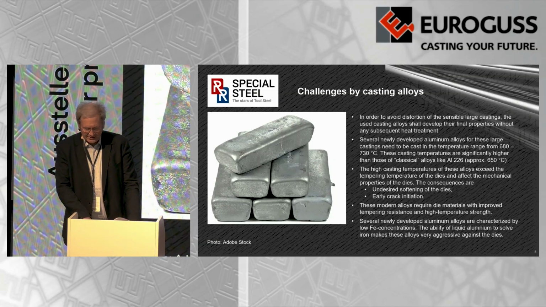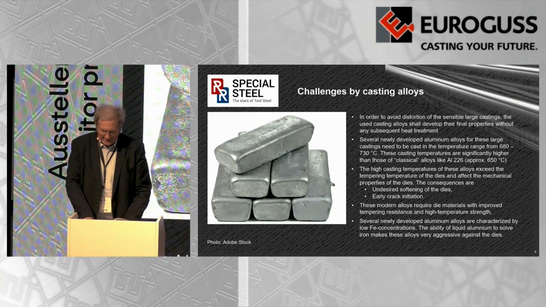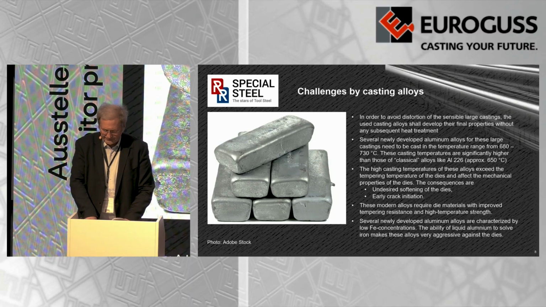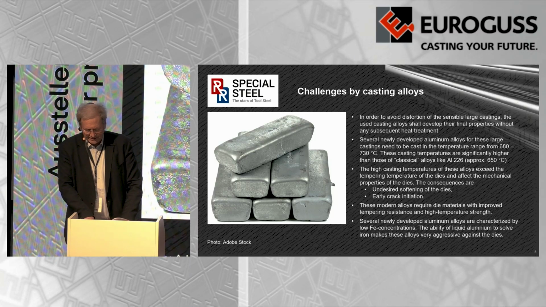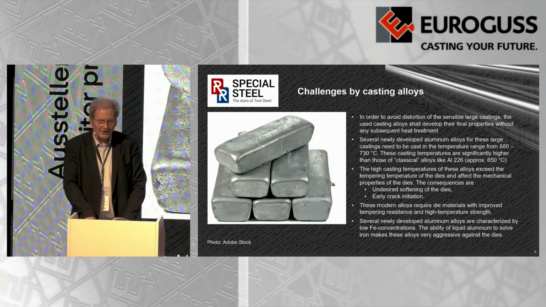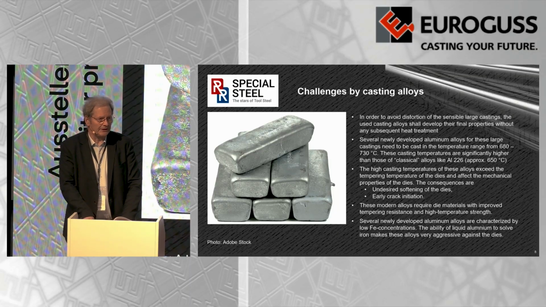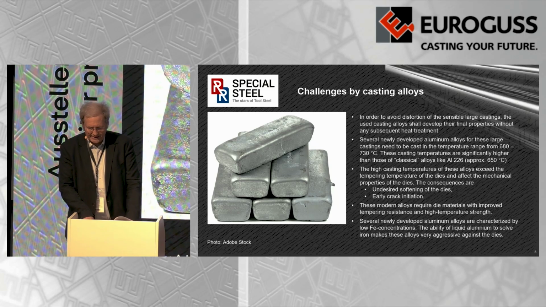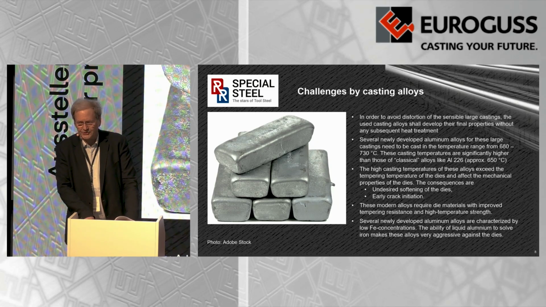Consequently, the thermal impact on the dies is high, and we face a high risk of undesired softening of the dies and early cracking initiation. So, especially for these alloys, the die steels need to have a very high tempering resistance and high temperature strength again.